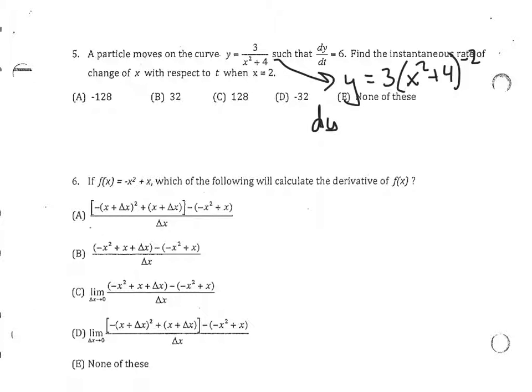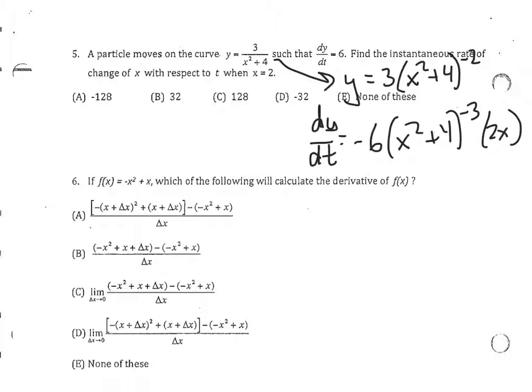So I'm going to go dy/dt equals negative 6 times what's inside, knock the power down 1, times the derivative of what's inside. So this is your dy/dt. We have that as 6.